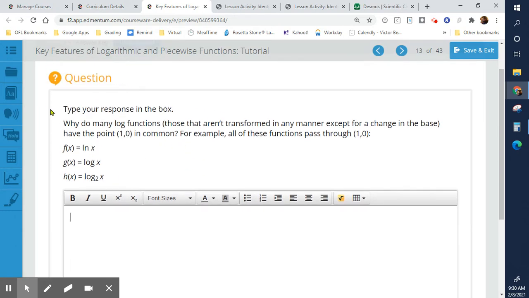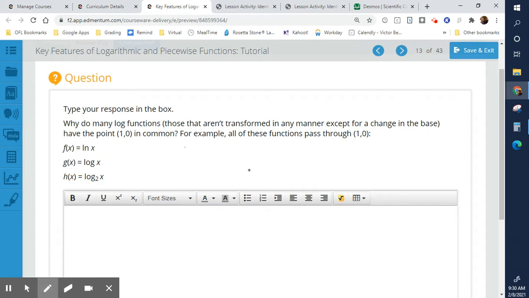Now, why do many log functions, these aren't transformed in any manner, a base, have the point in common? Well, the reason for this is, why does it always pass through this? And I've talked about this a few times.